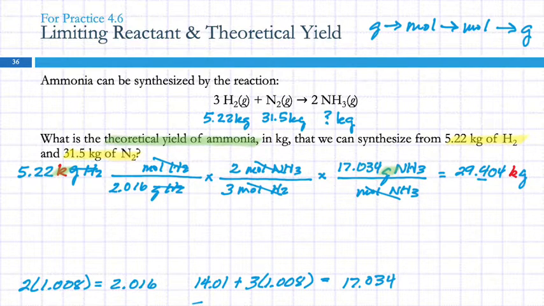So I'm going to show you something that's kind of in between this one and the other one. This is the shortest one, and the one we did last time was the longest one. So this one will be in between. I'm just going to switch to green because there's so much blue here. So 31.5 kilograms of nitrogen. What does kilo stand for? 10 to the 3.